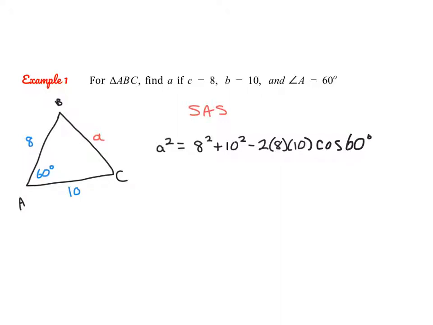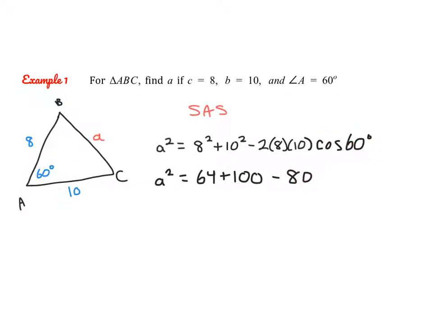So first thing we're going to do is start simplifying this side of our equation. So we have A squared equals 64 plus 100 minus. We can pause and plug this into our calculator. If you plug 2 times 8 times 10 times the cosine of 60 into your calculator, you get 80.